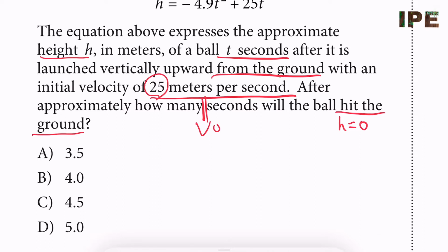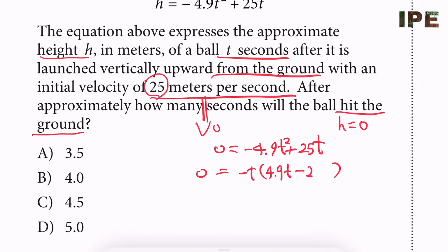Easy problem. 0 equals negative 4.9 t squared plus 25t. And then factor negative t outside. So 0 equals negative t times (4.9t minus 25).